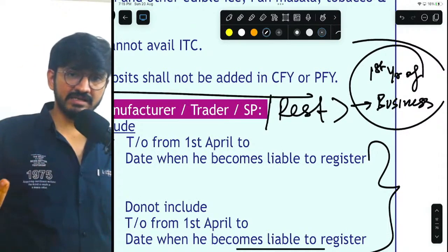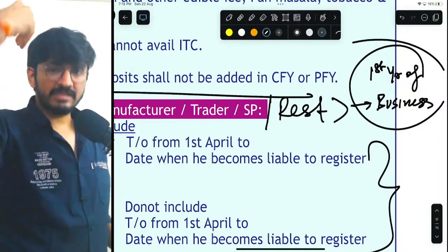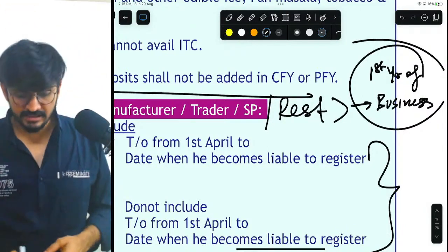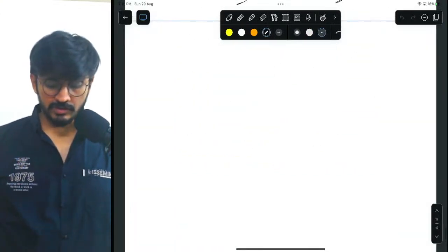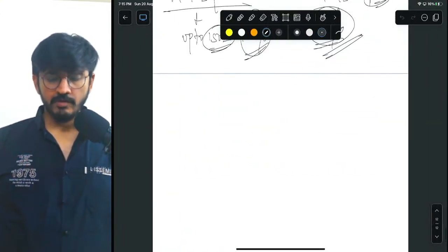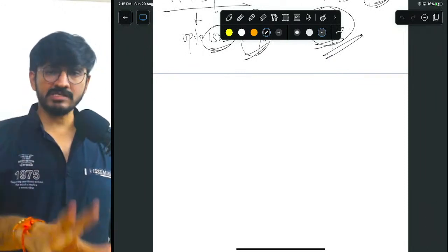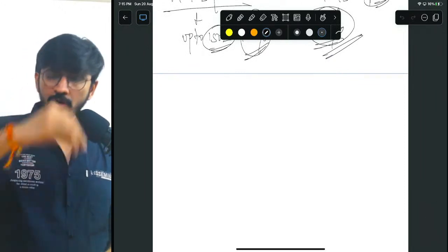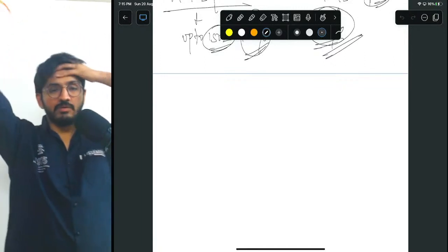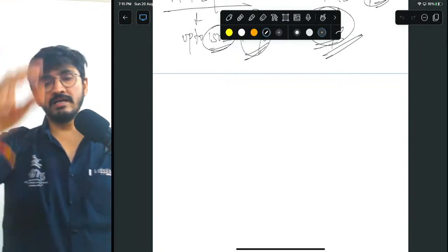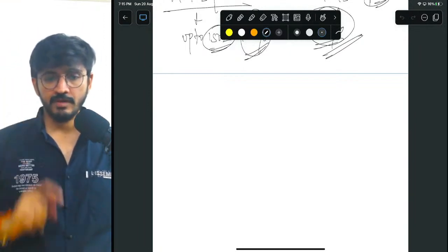Now understand, my dear friends, what are they talking about? They are talking about two things. One, you have to include something. Two, you have to exclude something. Now we will not study that. You will only directly give the answer. Trust me on that, and you will give the right answer. I'm giving you a guarantee of that. So, fatafat.